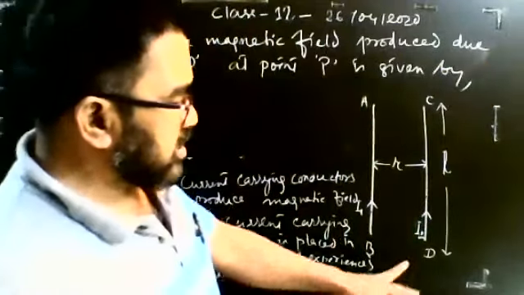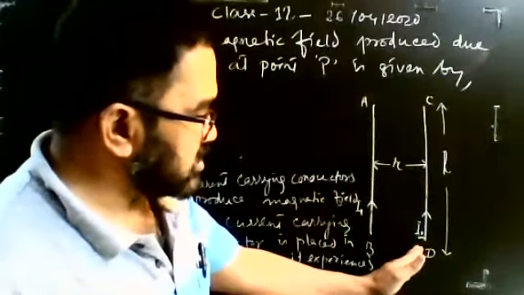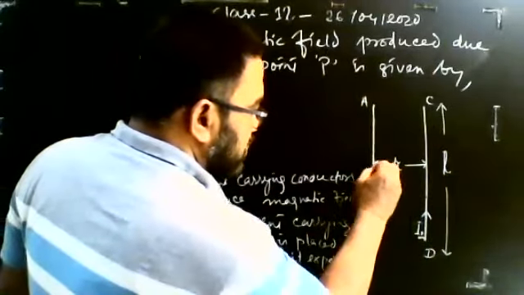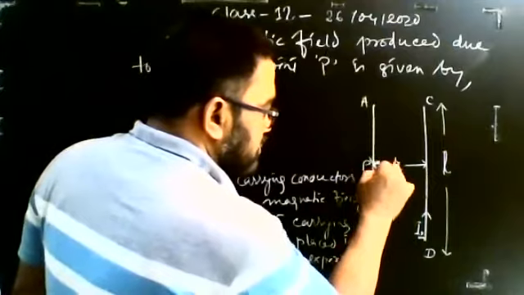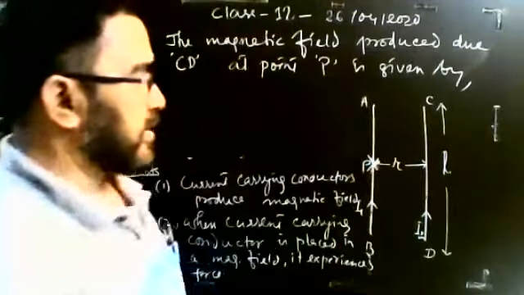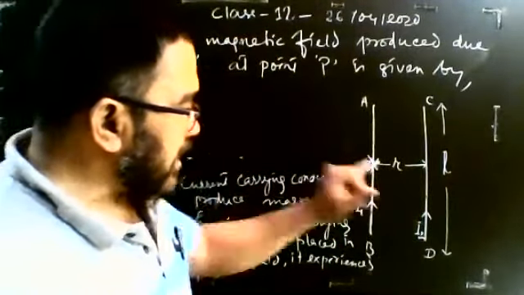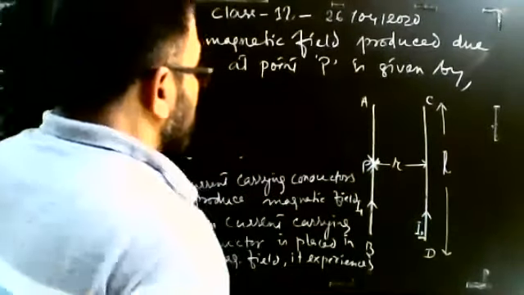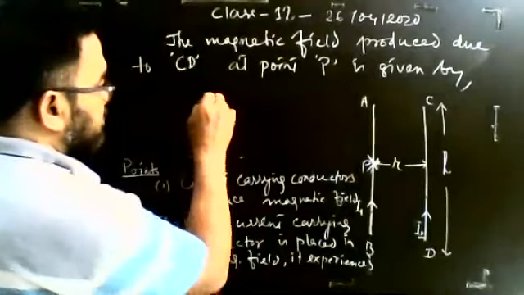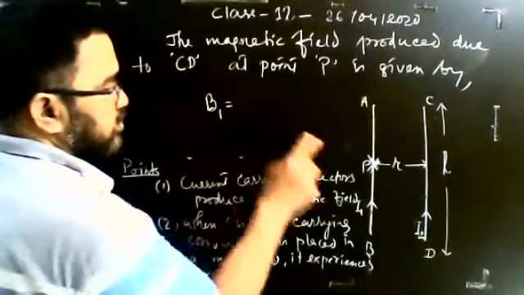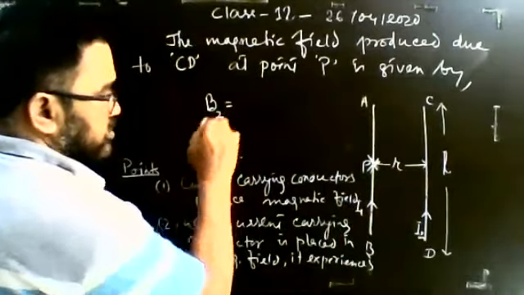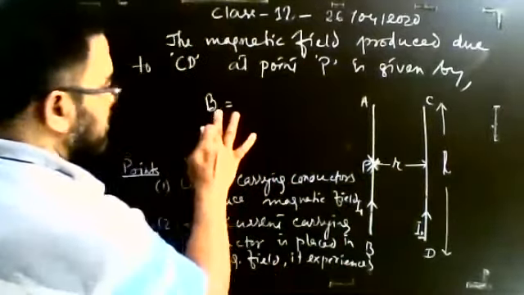If we consider this current carrying conductor, it produces a magnetic field at a particular point, suppose at point P, at a distance R from the conductor. Suppose it is B2, or BCD, you can write.